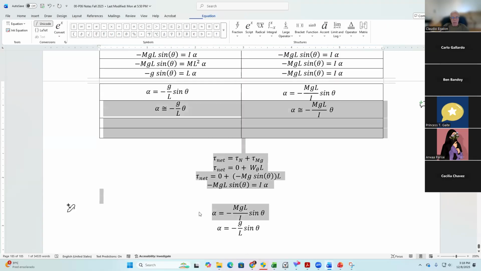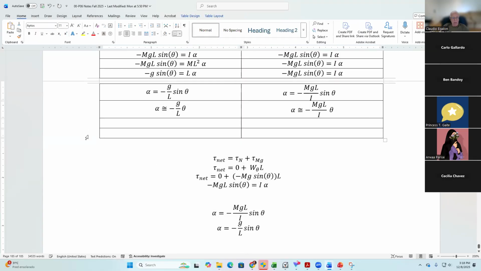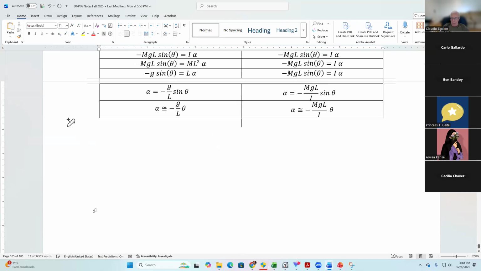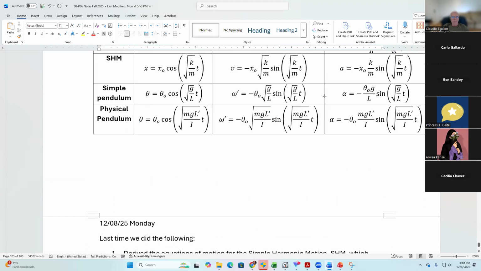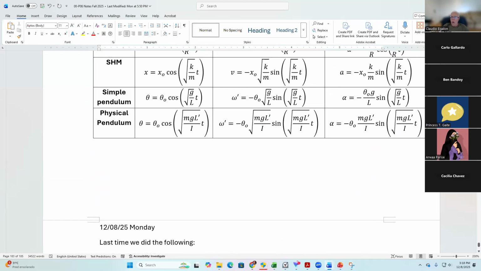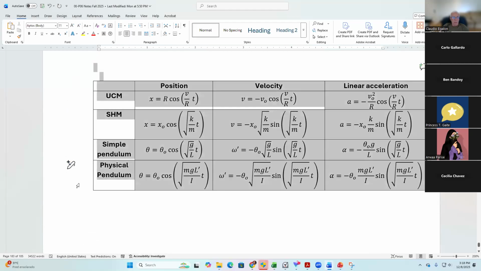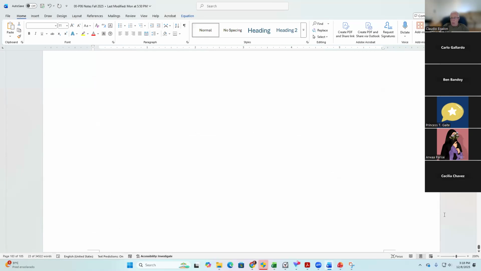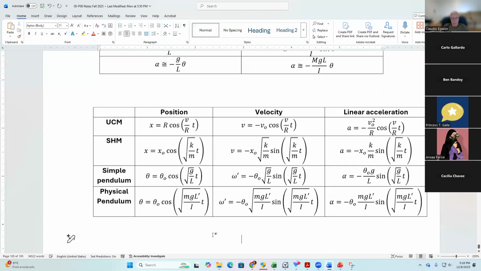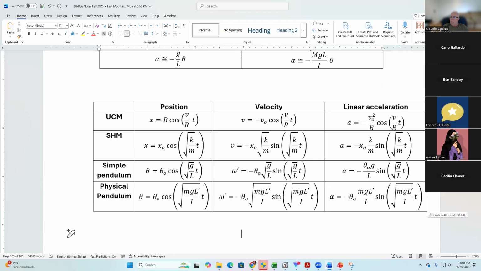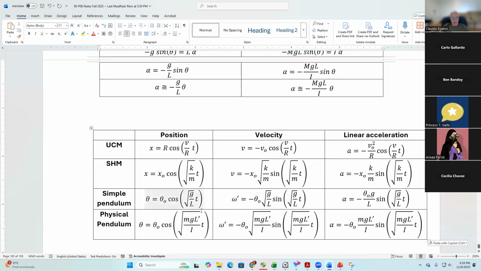And now we put all the equations side by side, and I already did that. There you go. I can erase that stuff here, right? Let's take a look. Here goes the simple pendulum, and I'm going to copy the whole table that you see here. The square root of g over L becomes the square root of MgL.